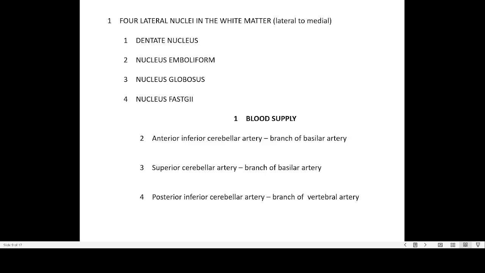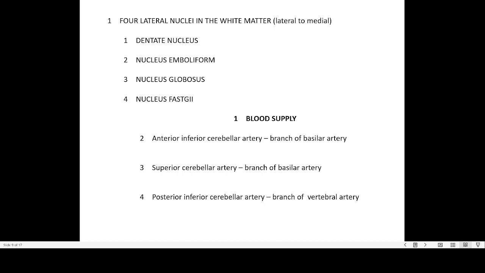Then there are four important nuclei in the white matter. What are those portions? The white matter is the internal portion, the groups of nerve fibers. Here there are four nuclei. What you have learned as basal nuclei: the cell bodies of the neurons located within the white matter are called the basal nuclei or gray masses.